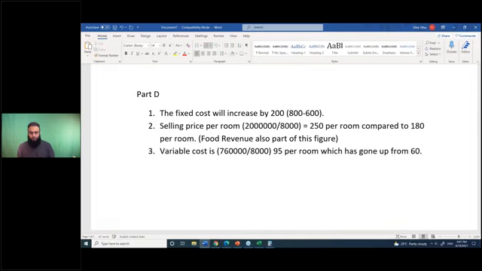Obviously this includes the cost of food in the restaurant as well. So this has gone up. Perfect. This is the quantification. By looking at the graph, this is what you have to do.